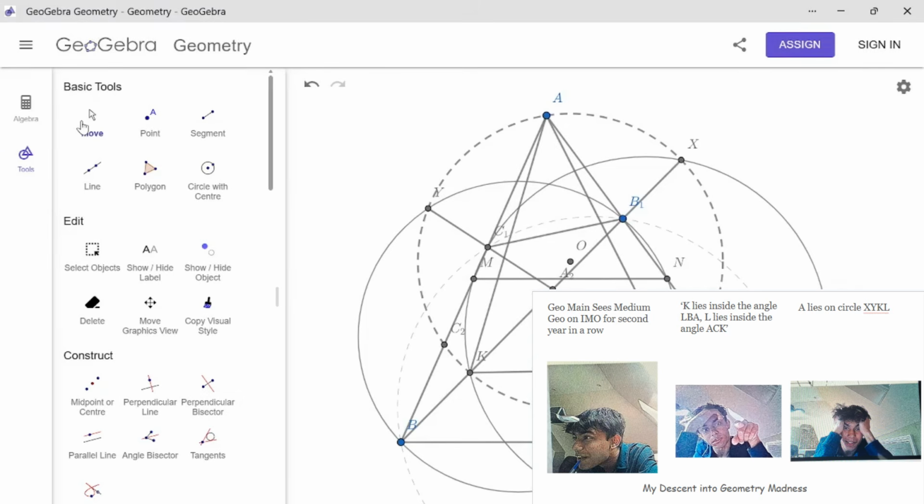Maybe we'll use it here. Okay, so let's write down power of a point on paper. I can't see my notes. I'm going to write it down. If we solve the problem, I'll go over it again. So we have BC2 times BA is BK times BX, and CB2 times CA is CL times CY.